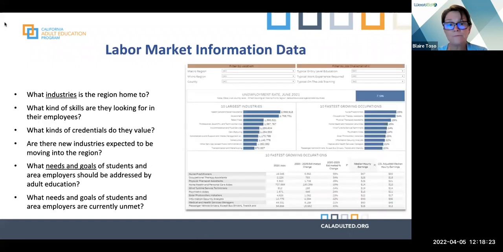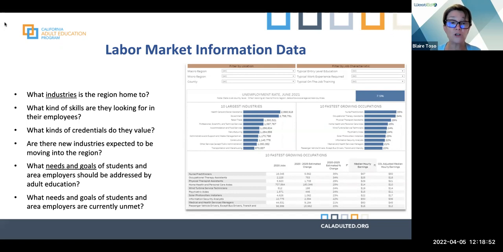Next slide. Our labor market information data looks very simple. The tab looks very simple, but it really has a wonderful depth to it because there's so many filters that you can use on it. For example, you have your macro, micro, and county level data. And we have done that because people kept saying the data is hard to break out on the consortium for labor market information, but also people said, you can't plan just considering your consortium.